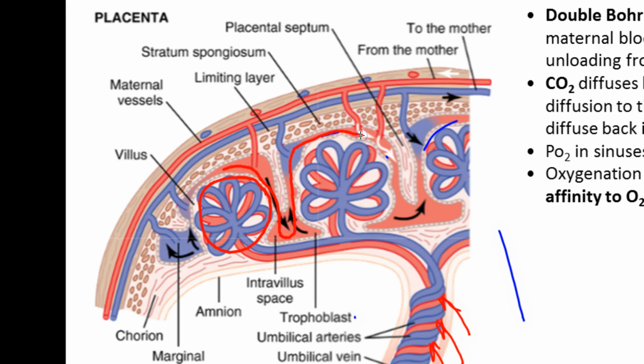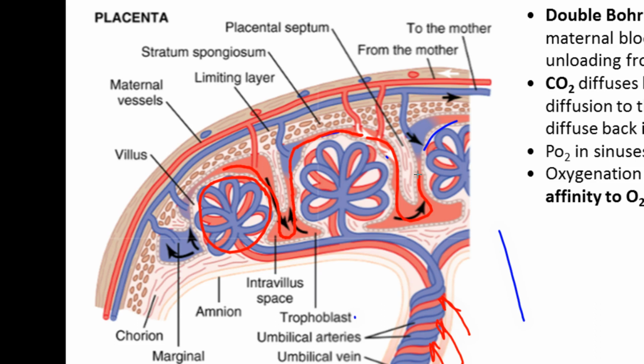So those are sinusoids. Essentially, these sinusoids are very permeable capillaries. We can call them spaces. They're not really capillaries. They're like empty spaces that are filled with mother's blood. Does that make sense? Do you understand what I'm saying?